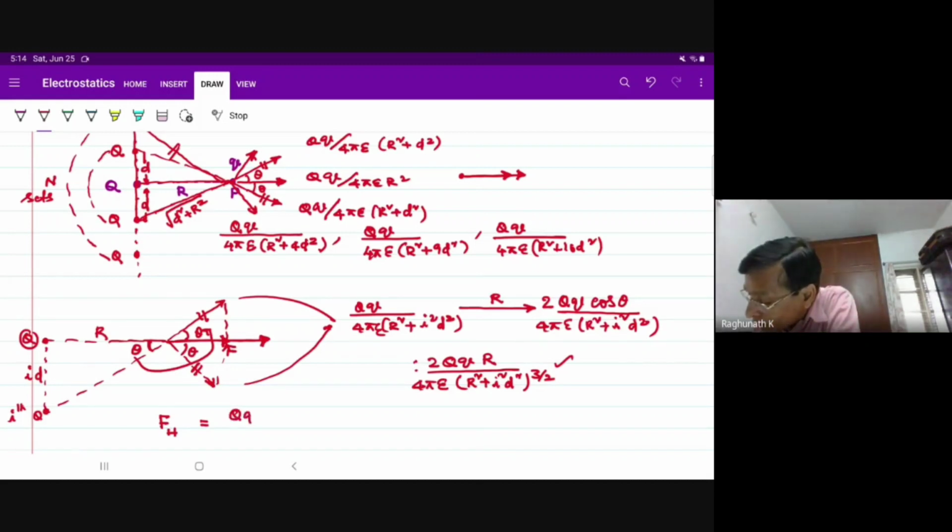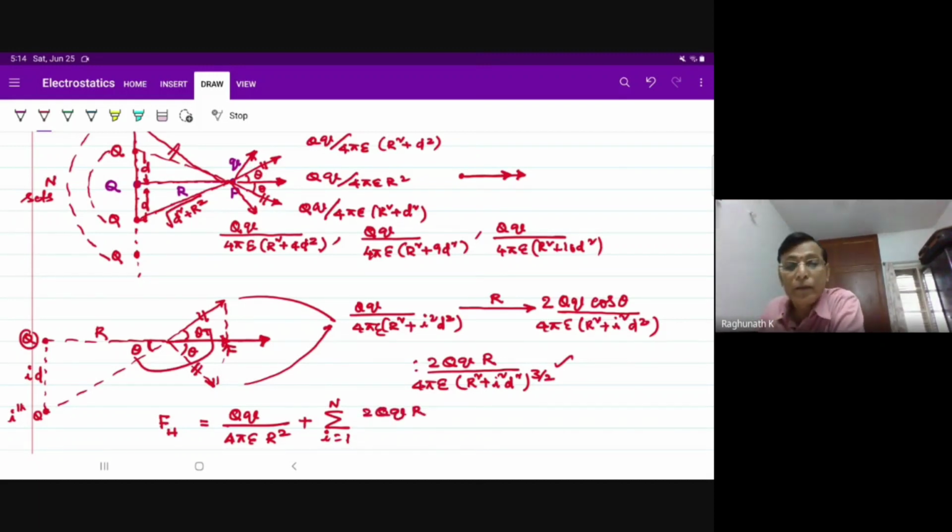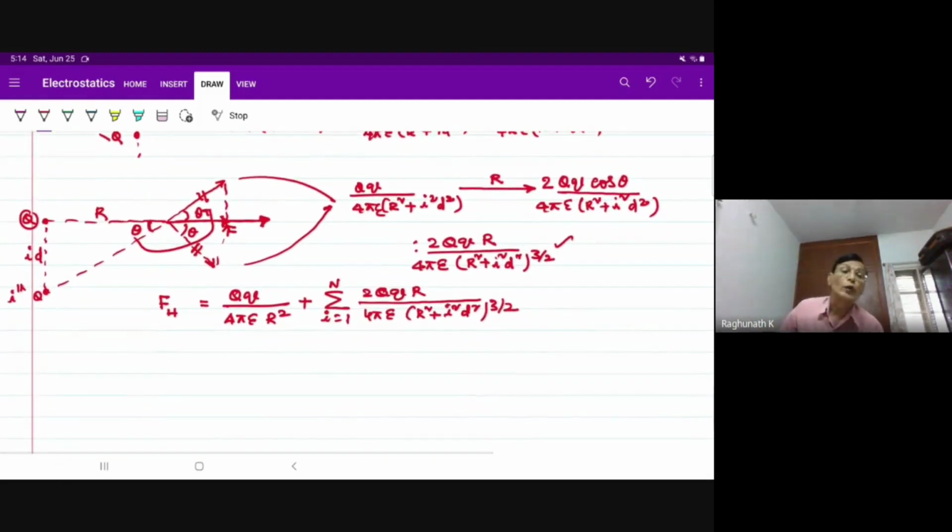Capital Q, small q divided by 4 pi epsilon r squared plus sigma summation I is equal to 1 to n, 2 times capital Q small q r by 4 pi epsilon into r square plus I square d square whole power 3 by 2 is the formula to be used to compute the total force experienced by this small charge q.